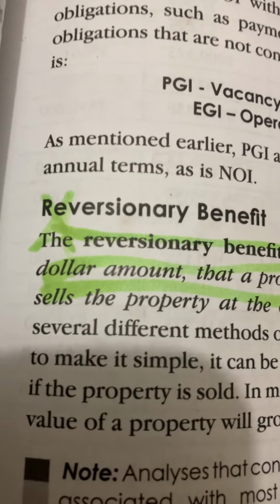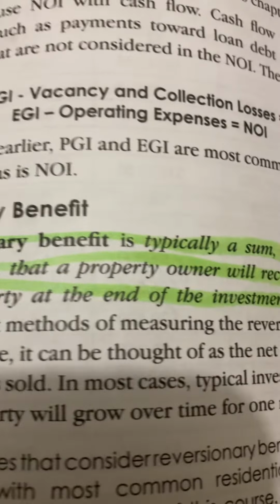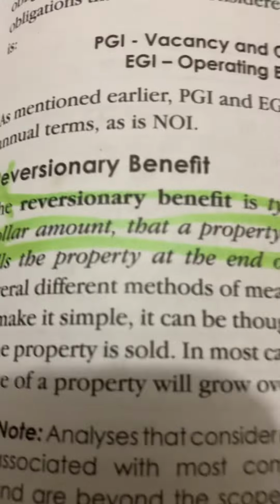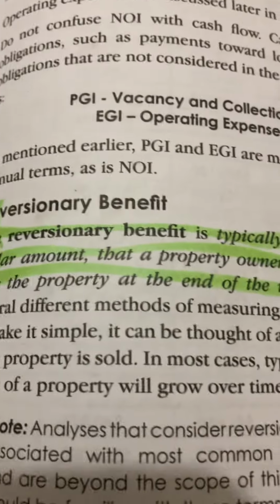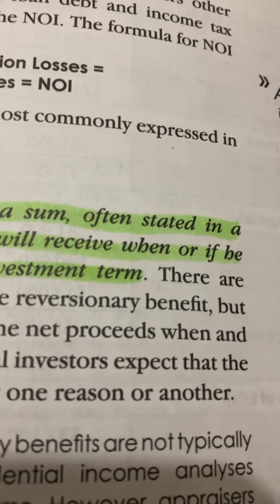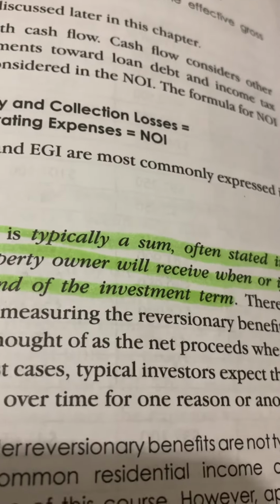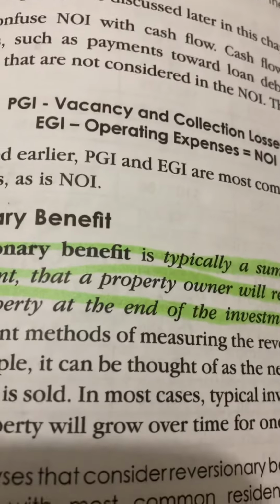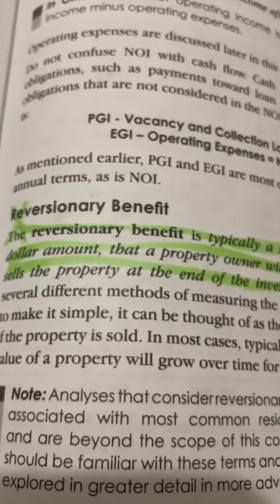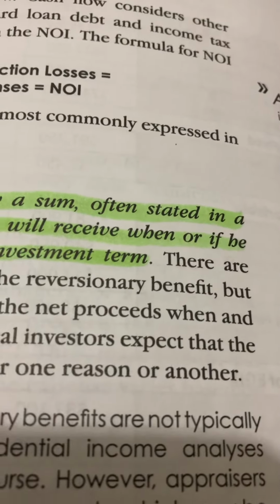Reversionary benefit. The reversionary benefit is typically a sum, often stated in dollar amount, that a property owner will receive when or if he sells the property at the end of the investment term. That's highlighted. Know that one. There are several different methods of measuring the reversionary benefit.